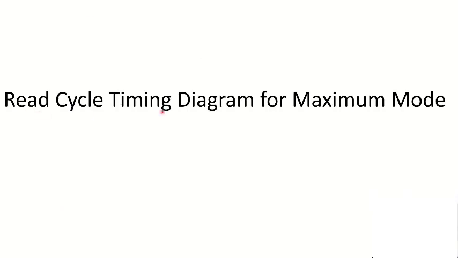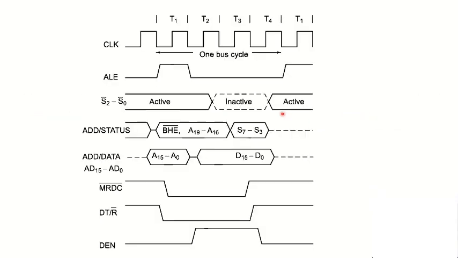So this is all about the maximum mode 8086 system. Now let us discuss the read cycle timing diagram for the maximum mode. This is the timing diagram for the read operation. Simply clock, T1, T2, T3, T4. This is called one bus cycle.